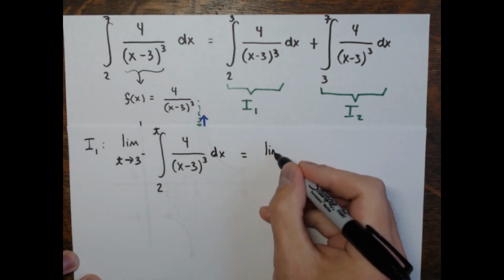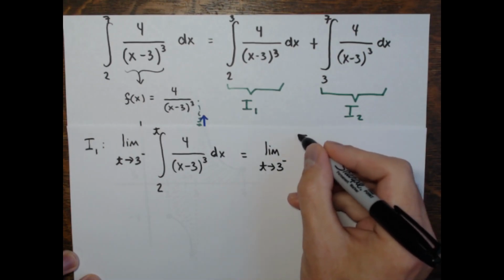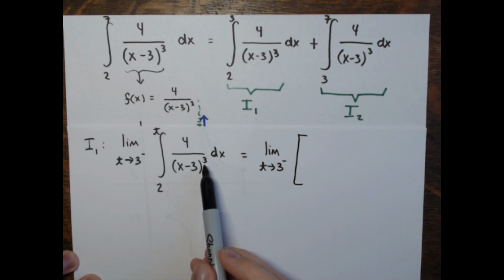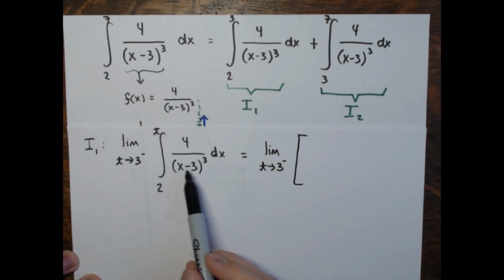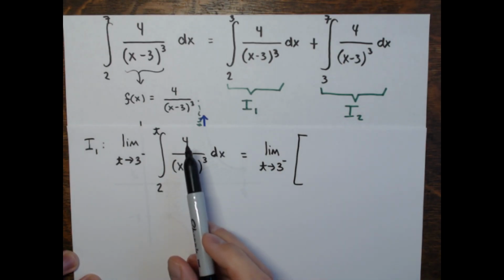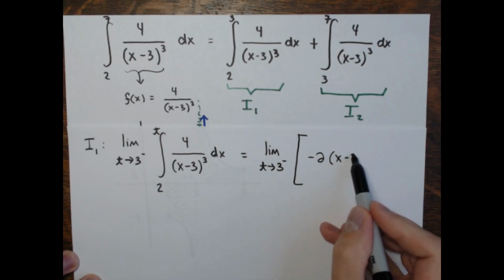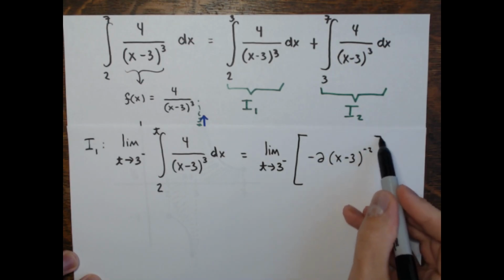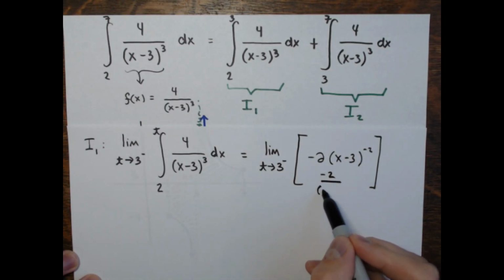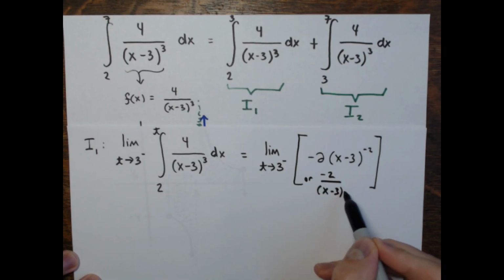So that's going to be the limit as t approaches 3 from the left of, now this should be an easy integral. This is x minus 3, a linear, to the negative third power. So you'd have x minus 3 to the negative second, times negative half, which times 4 would be negative 2. This is negative 2 over x minus 3 squared, right?